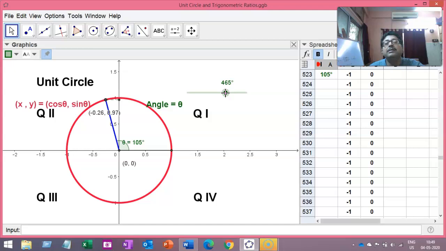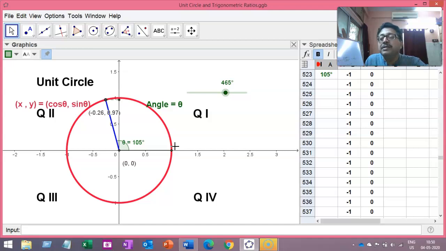In fact, in trigonometry, angles may be of any value. It may be more than 360 degree, more than 720 degree, it may be larger than any angle you can imagine. Okay, that's all.